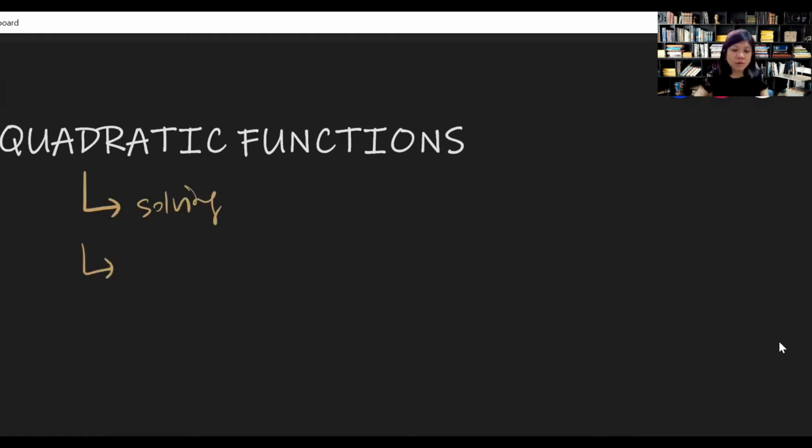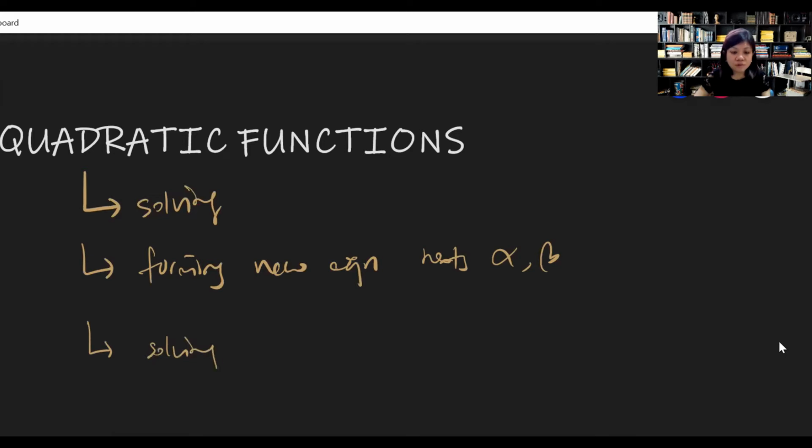We can also learn how to form new equations given some particular roots, which we usually recognize through alpha and beta, and we will also solve quadratic inequalities given the types of roots that we have.